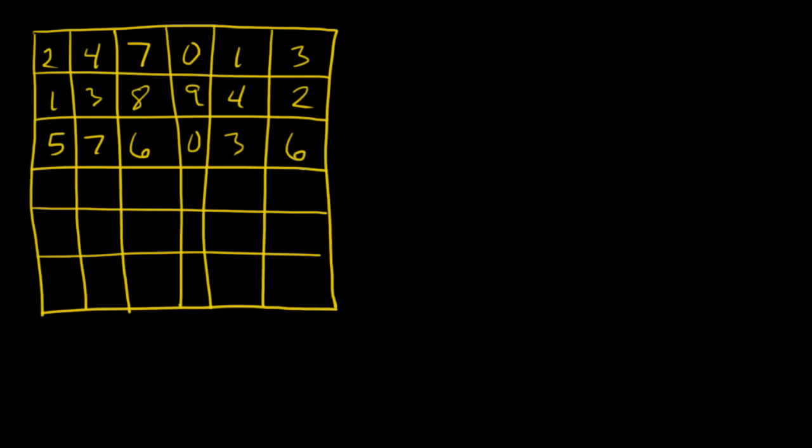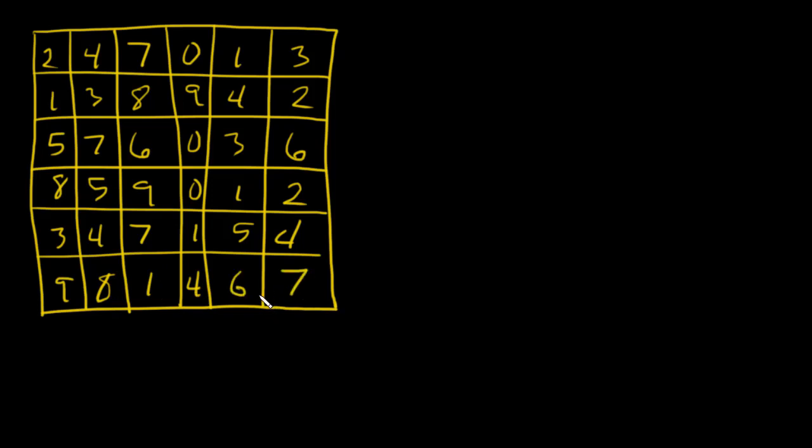We're halfway done. 8, 5, 9, 0, 1, 2, and 3, 4, 7, 1, 5, 4. And 9, 8, 1. Ooh, 4, 6, 7. Okay, that was a lot of work.